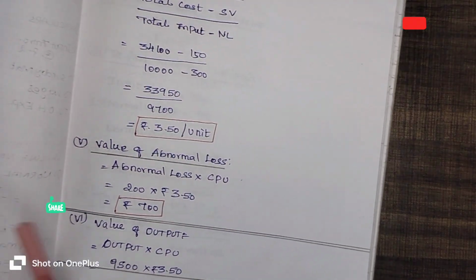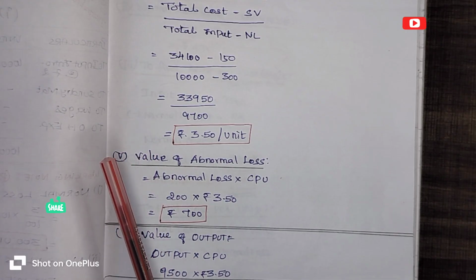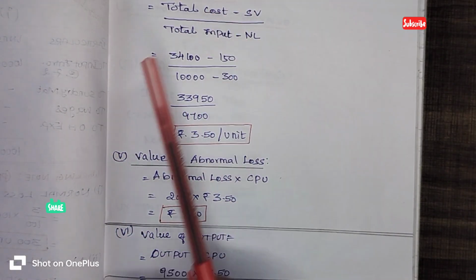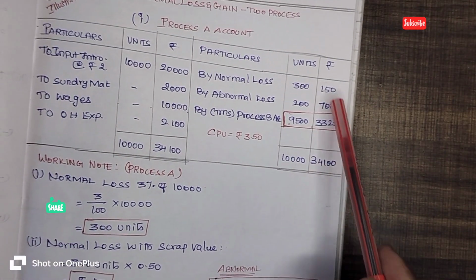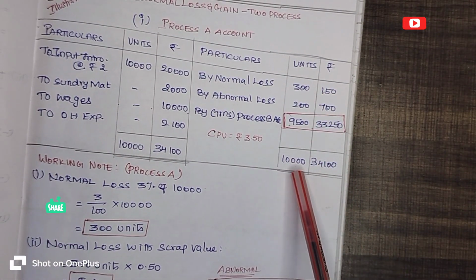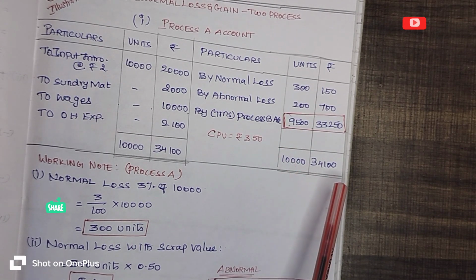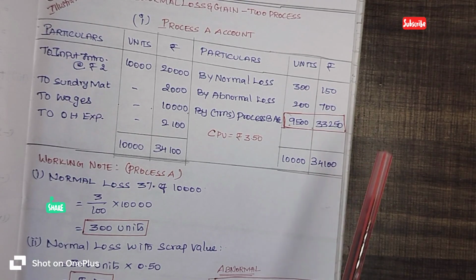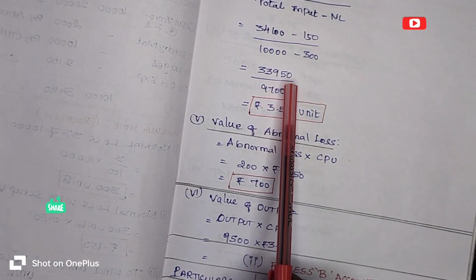We have a format to find out the abnormal loss value. Before that, we need to find out the cost per unit. How can you find it? Listen, total cost minus scrap value, divided by total input minus normal loss. The total cost is 34,100 rupees minus 150, so you get 33,950 rupees.